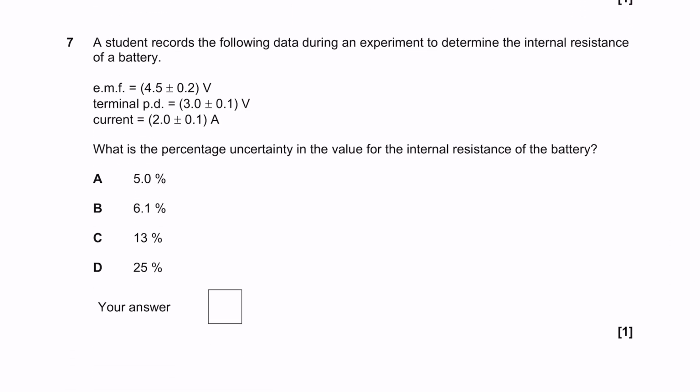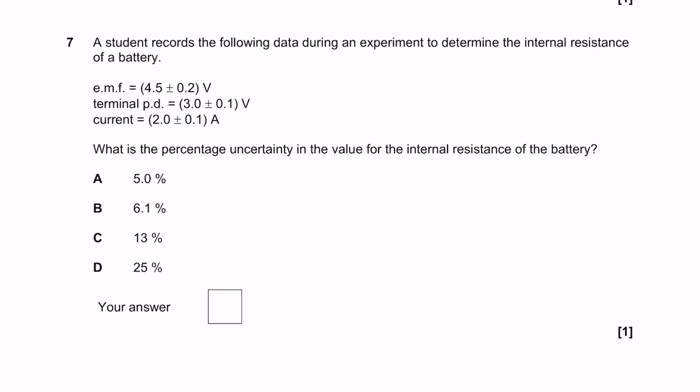For question number 7, it says that a student records the following data during an experiment to determine the internal resistance of a battery. EMF is given to us along with potential difference and current, and it's asking what is the percentage uncertainty in the value of the internal resistance of the battery.